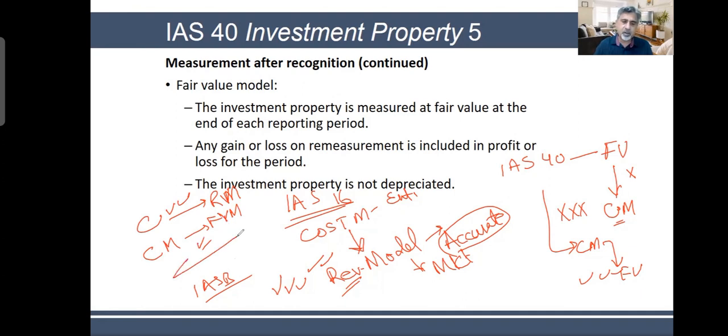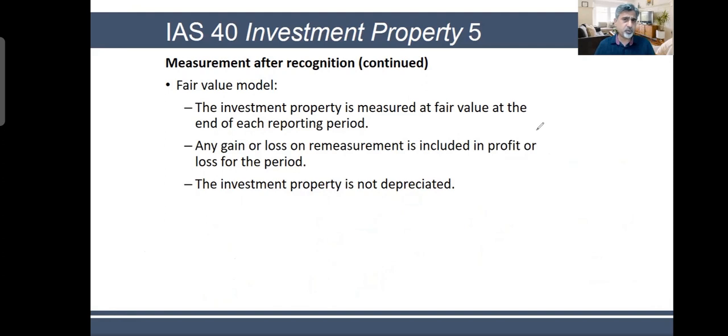But coming the opposite way is not really appreciable because you would not be able to justify. You can do it if you want. But when I ask you to justify why you moved from the fair value model to the cost model, probably in most situations, you will fail to justify.